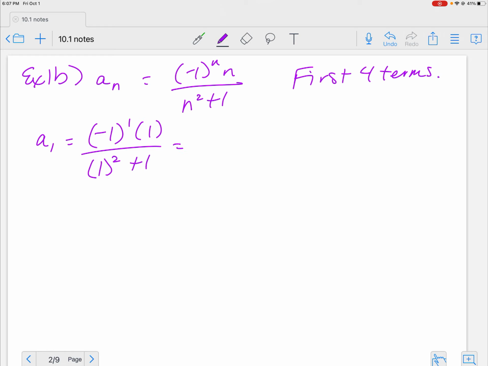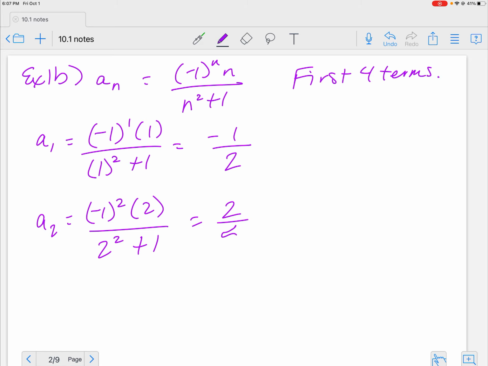So -1 to an odd power is going to keep it at negative, right? So I've got 1 over 1 plus 1, which is 2. Do the next one. A sub 2 is -1 squared times 2 over 2 squared plus 1, right? You're plugging that in for everything. So a negative number squared is positive, giving me 2/5.